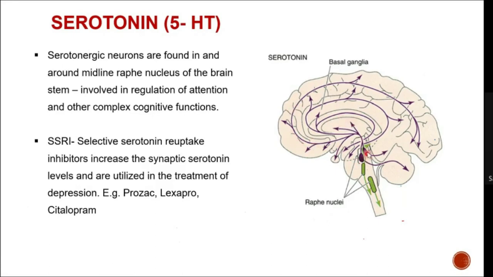If you see these projections from the Raphe nucleus, the serotonergic neurons, which are found in and around the midline of the Raphe nucleus present in the brainstem, are involved in attention and other complex cognitive functions. So what are those functions? Since they are involved with the hippocampus, they are involved with memory.